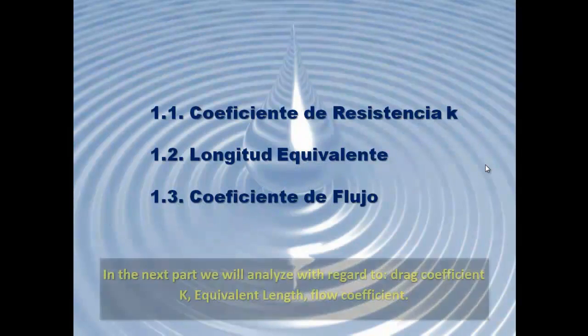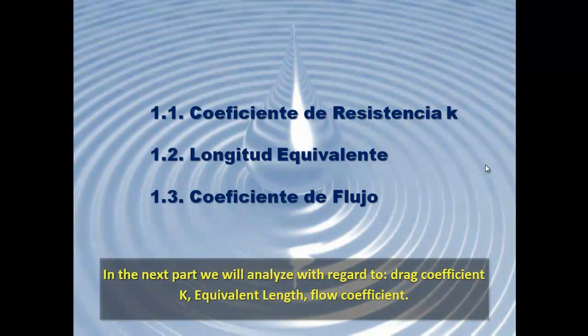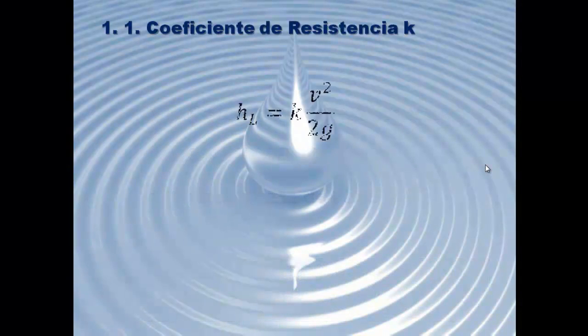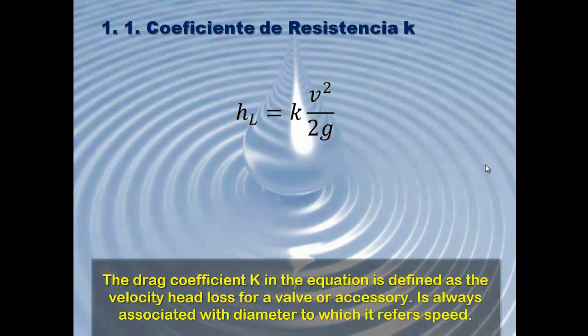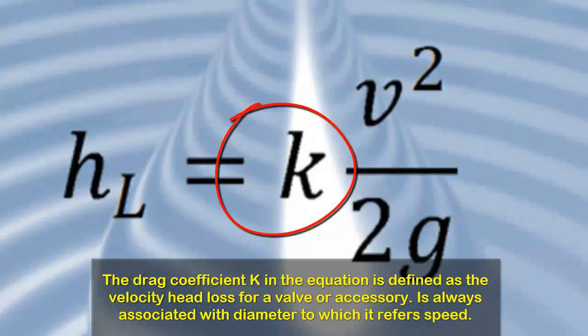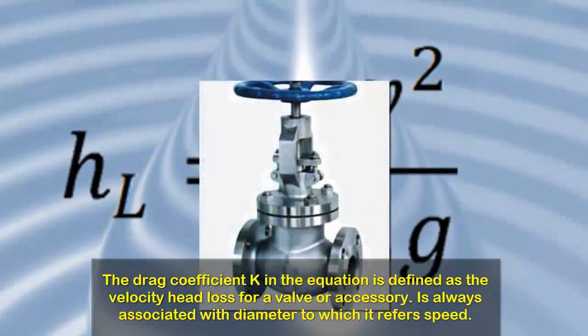In the next part, we will analyze the drag coefficient K, equivalent length, and flow coefficient. Resistance coefficient K. The resistance coefficient K in the equation is defined as the velocity head loss for a valve or accessory.